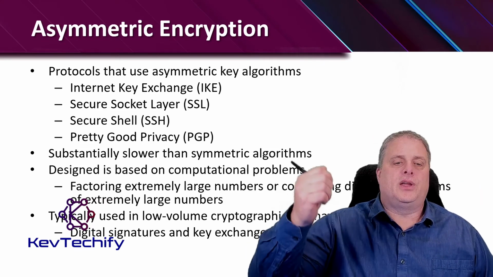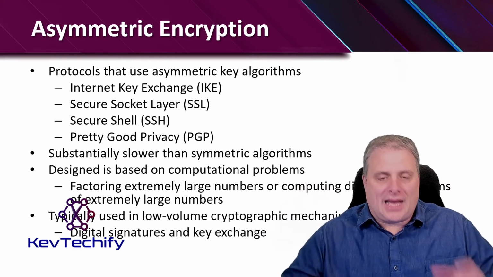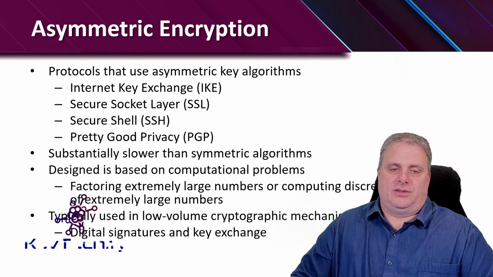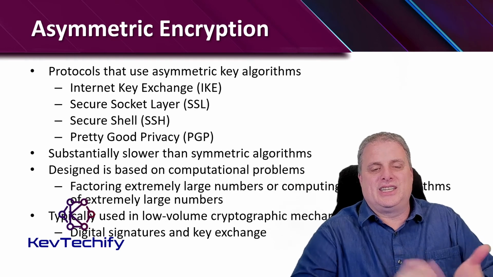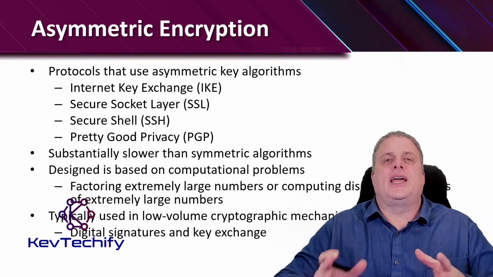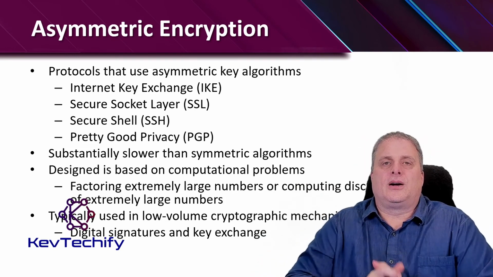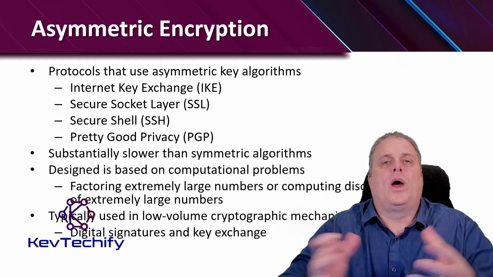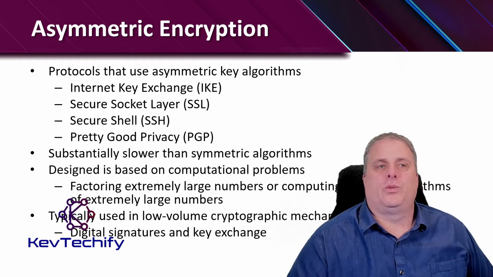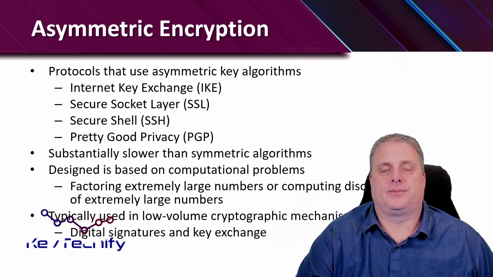Typically, we use them in low volume cryptography mechanisms, digital signatures, key exchange, looking at secure traffic. HTTPS in your web browser is a great example of where we see asymmetric encryption.